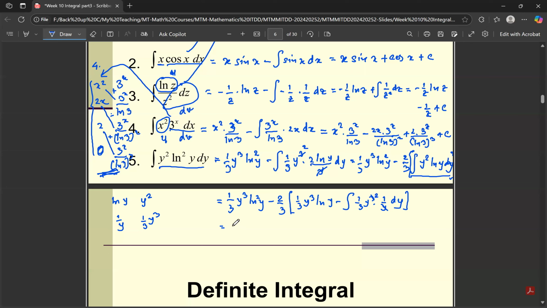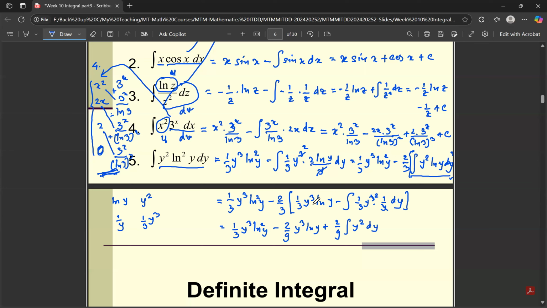So we have 1 over 3 y cubed ln y squared minus the multiplication of 2 over 3 times 1 over 3, which is 2 over 9 y cubed ln y. Then minus times minus becomes plus, and we still have 2 over 9 times the integral of y squared dy.